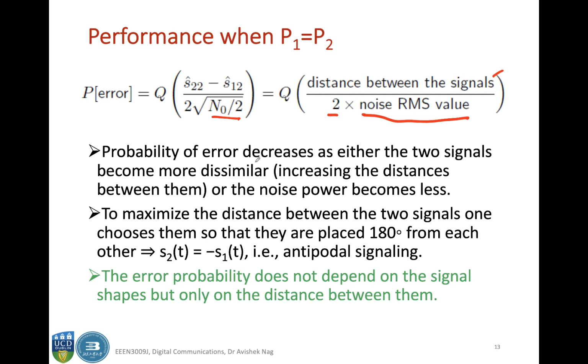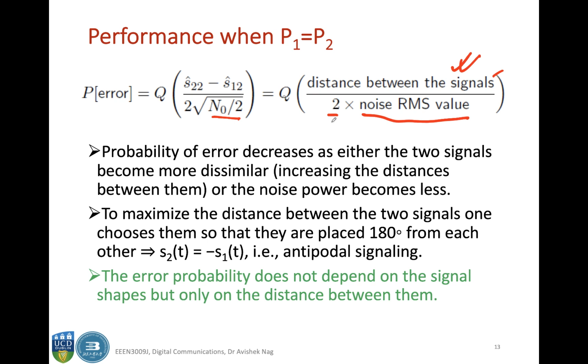So if you can remember this formula, this is true for any pair of signals, and this expression you will be using a lot from this point onwards in this digital communication module.